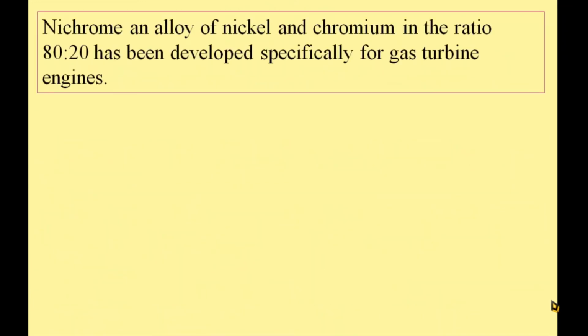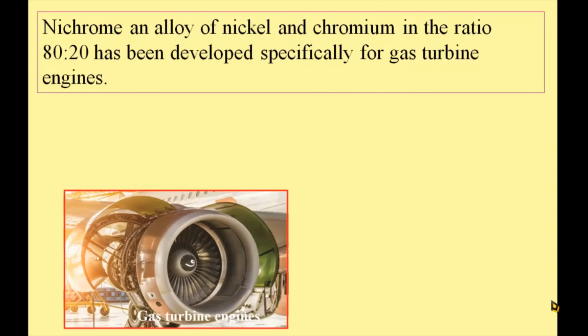Nichrome, an alloy of nickel and chromium in the ratio of 80:20, has been developed specially for gas turbine engines. It is a combination of nickel and chromium, and it is used for making gas turbine engines. Gas turbine engines are used in aeroplanes, and these are made of nichrome.